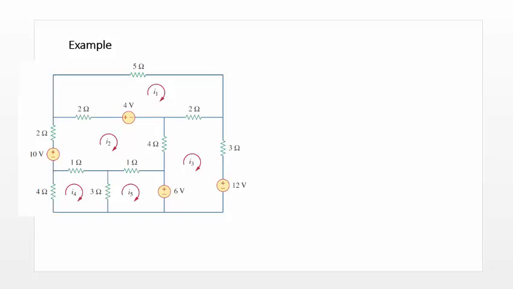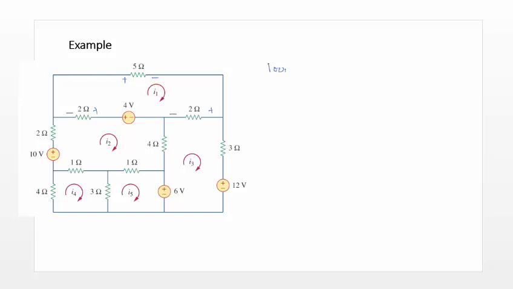I make mistakes if I try to do it by inspection, but you can get good at this and do it by inspection. So, going around loop 1, I put all my signs on for good housekeeping.